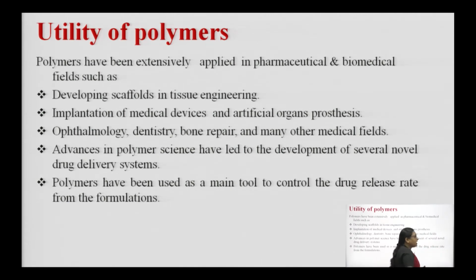Advances in polymer science have led to development of several novel drug delivery systems. Nanoparticles and microparticles are all basically formulated making use of certain polymers, and they have been used particularly for controlling the drug release rate from the formulations.